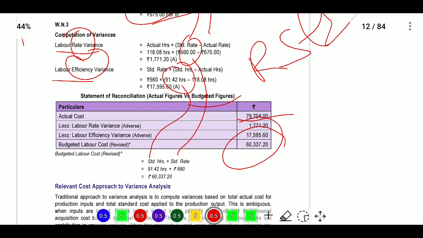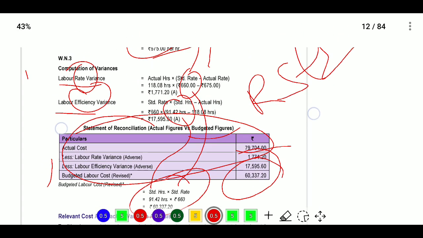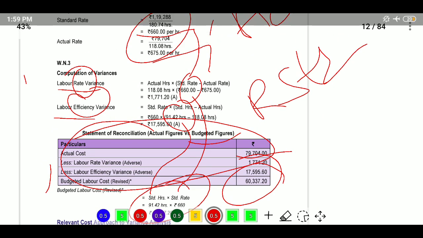We have calculated it in the statement of reconciliation and also directly. This is the case of how we get the variance when we have a learning curve efficiency. The remaining we will see in the next class.